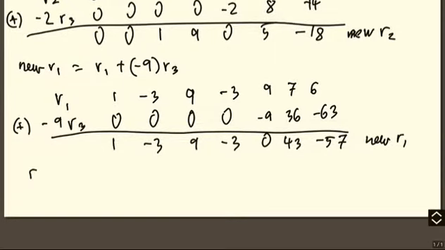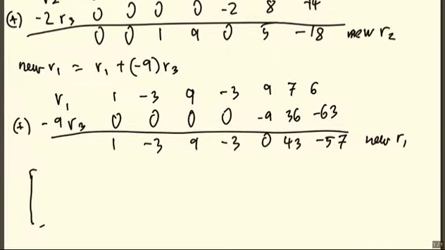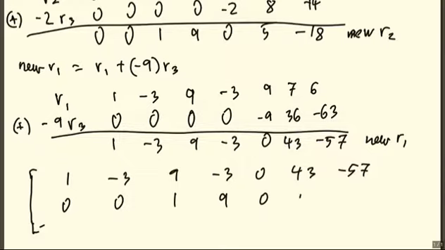Let's write down where our matrix is currently. The new row 1: 1, minus 3, 9, minus 3, 0, 43, minus 57. The new row 2: 0, 0, 1, 9, 0, 5, minus 18.